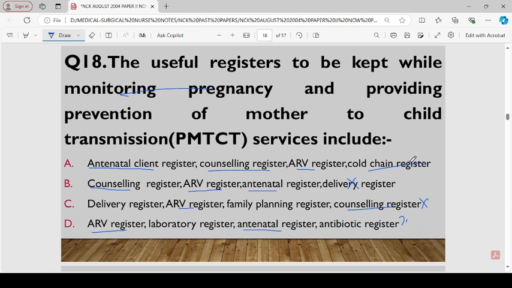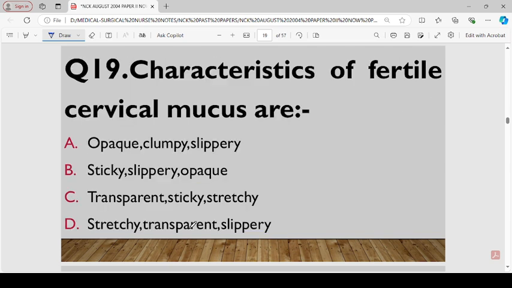So at least we have A and D. I think A should be the best option, because at least I can see here we have the antibiotic register. This is not a basic documentation for this mother, right? Unless they have an infection, that's when we are going to need the antibiotic register. And also laboratories too is minor, right? We could need the most important document like counseling, which is missing in this option, right?